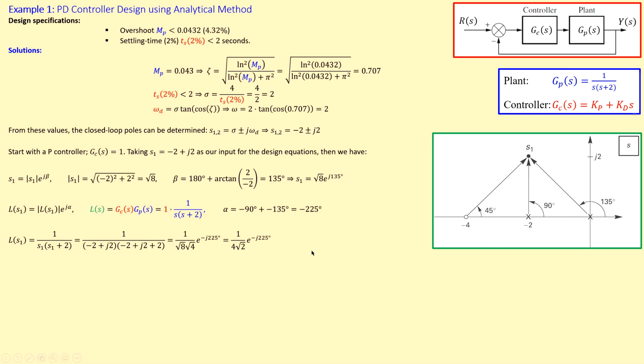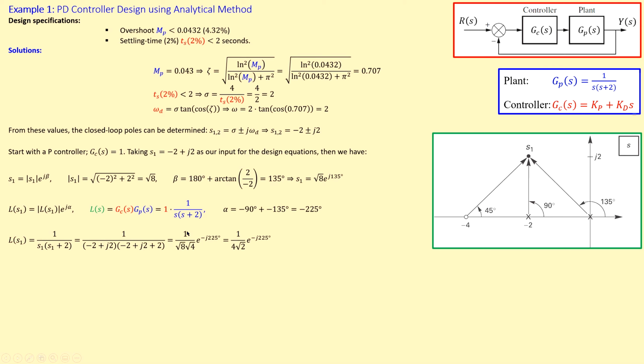Now I also need the length, so I just substitute the value of S1 in here. S1 is this number, so S1 in here, also in here. If you do the math by calculating the length of this part and the length of that part, and then 1 over the two lengths multiplied, you will have the square root of 8 times the square root of 4, because the real part is 0 and the imaginary part is just 2.